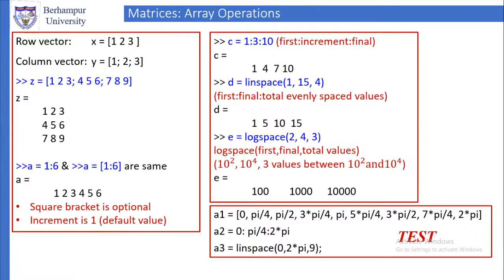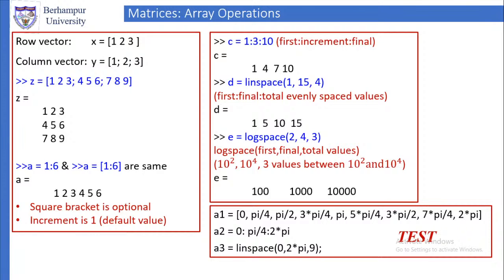Now suppose I write A is equal to 1 colon 6. What does that mean? That means A will be 1, 2, 3, 4, 5, 6. A will be a row vector which has 6 elements, and these 6 elements are 1, 2, 3, 4, 5, 6.